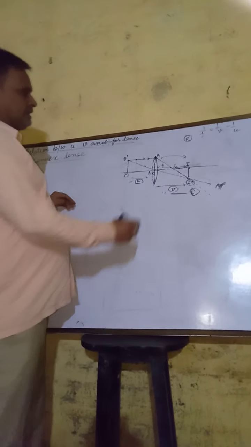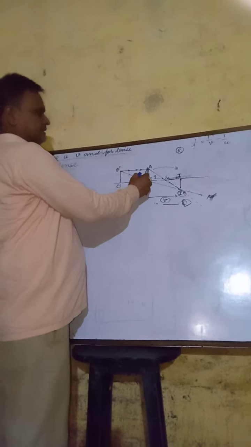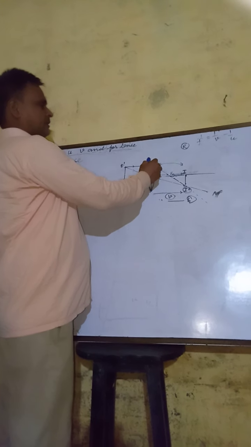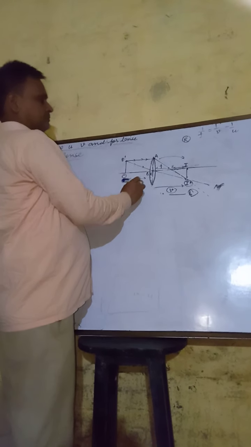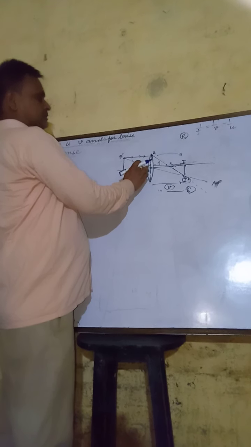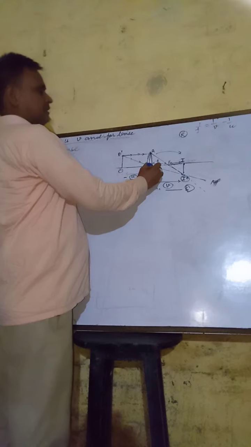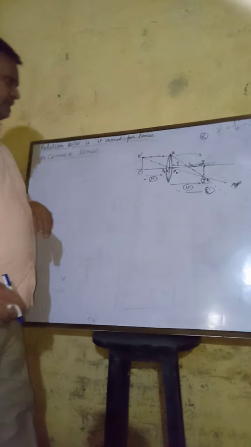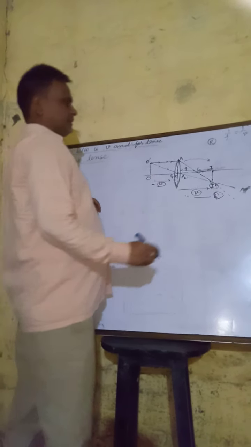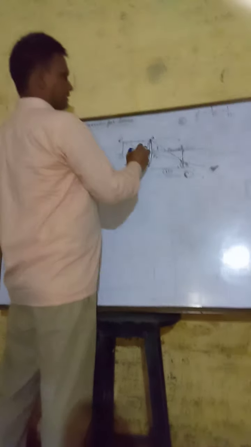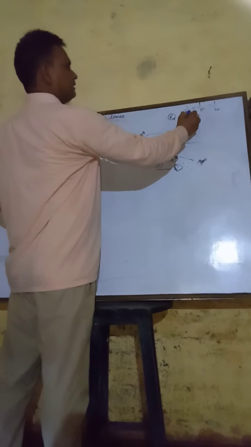Let a thin convex lens have surfaces P1 and P2 and radii of curvature R1 and R2.